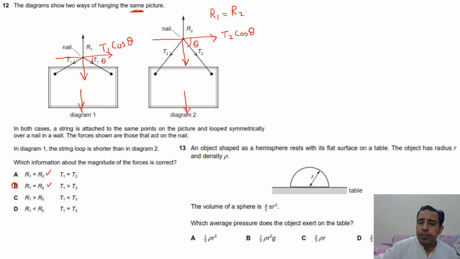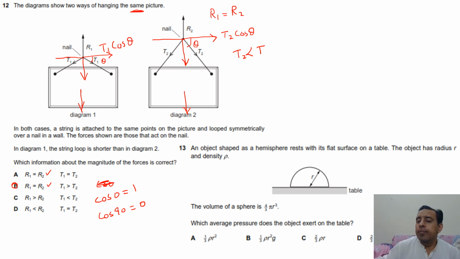You know that cos 0 is 1 and cos 90 is 0, means when the angle increases, the answer decreases. Here the angle increases, so this value decreases, means T2 becomes less than T1. So option B is correct.